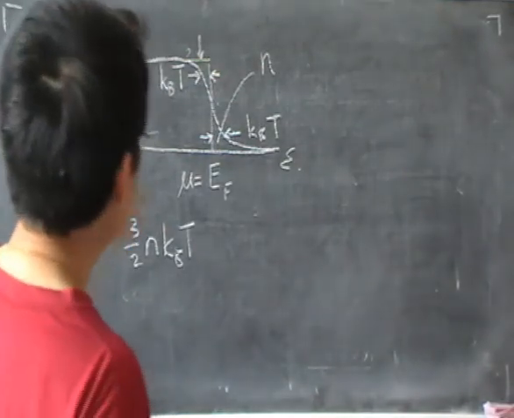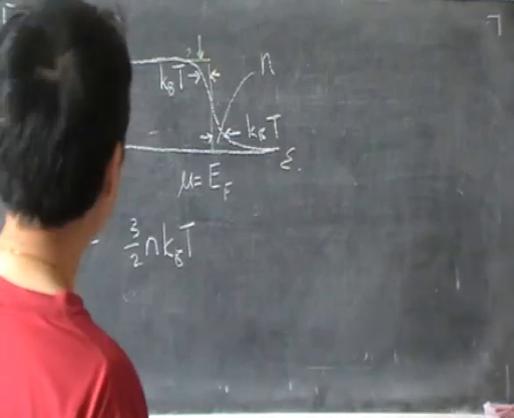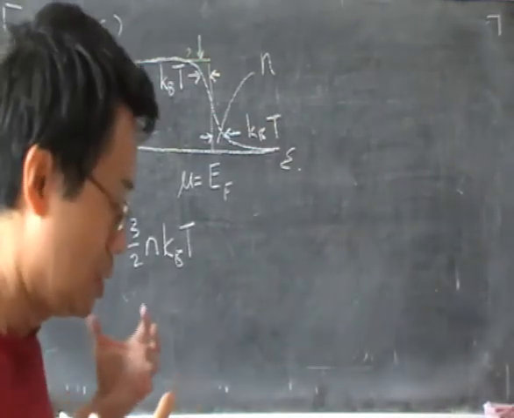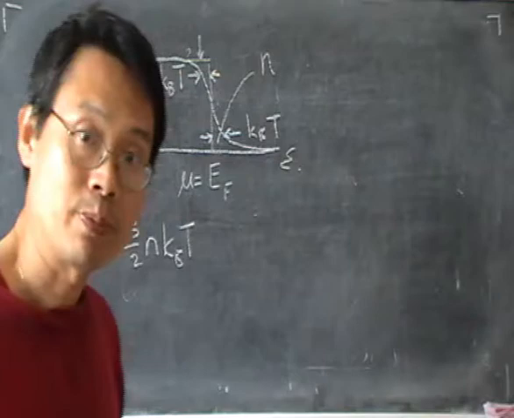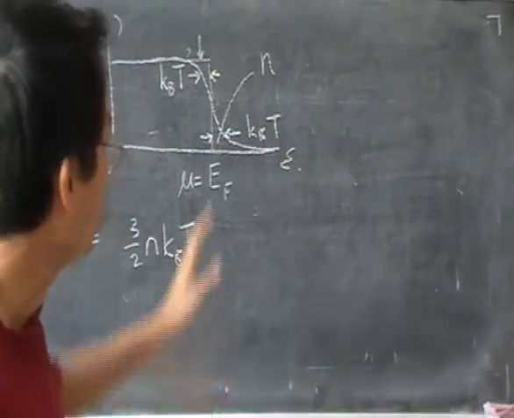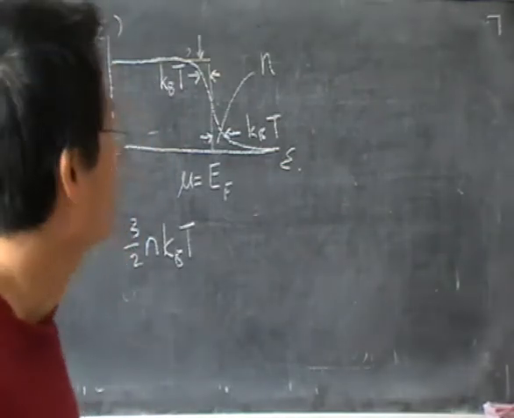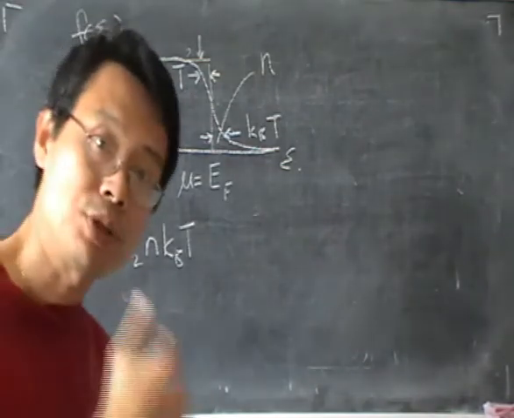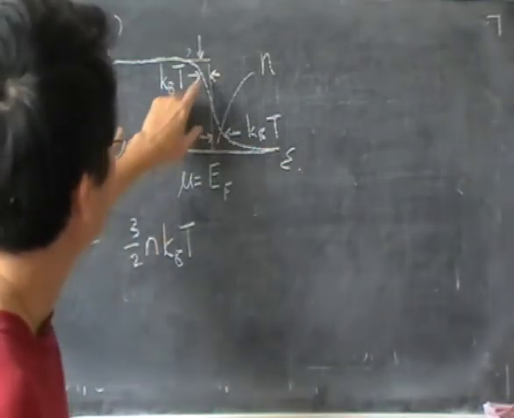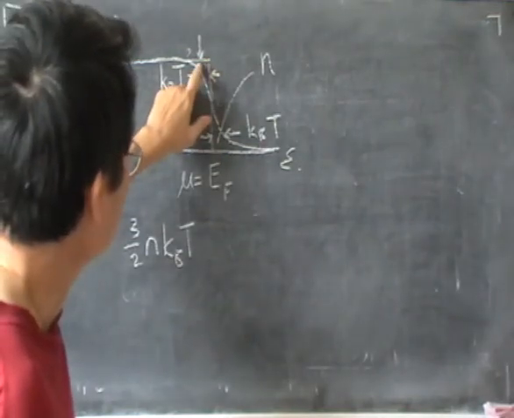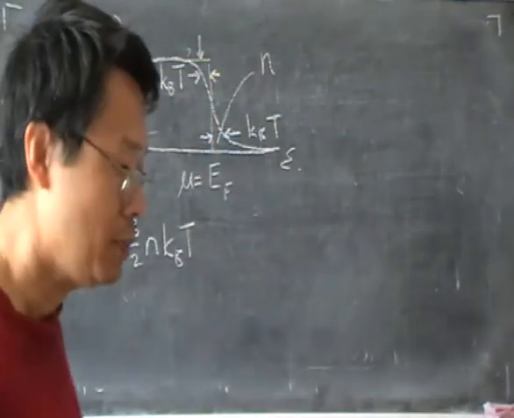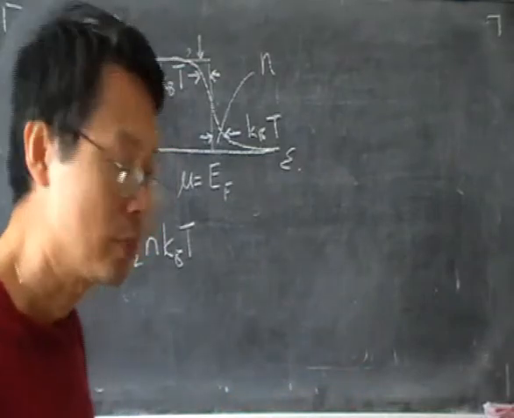If you think about 0 Kelvin, at 0 Kelvin, all the electrons below the Fermi level are occupied. Right? And as the temperature is raised, the electrons in that interval of kBT get excited.